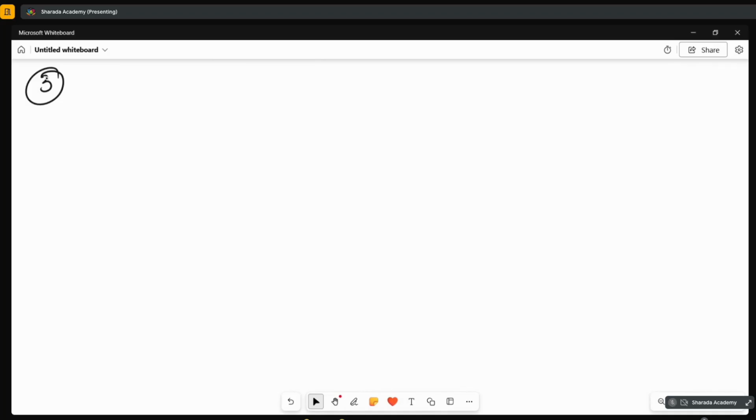So here you have to find the slide. What is the length of the slide? The slide will be like this, and this will be the length of the slide. Correct? Length of the slide, and this is the height of the slide.